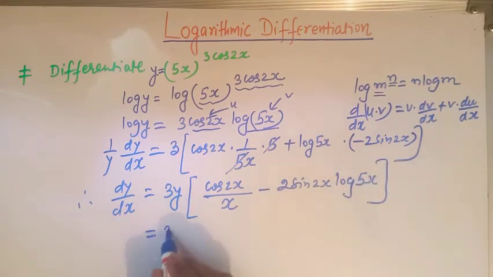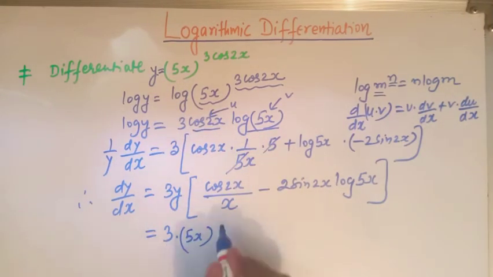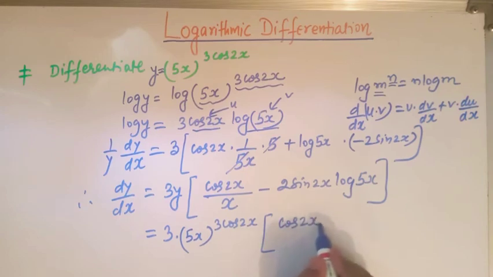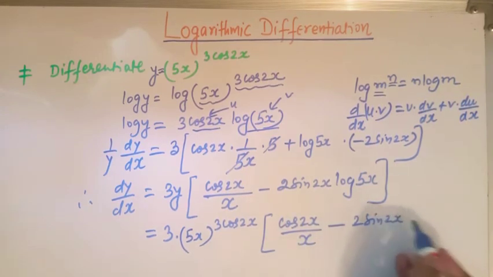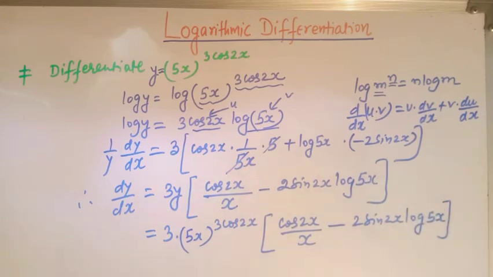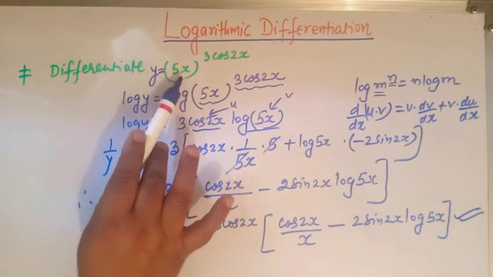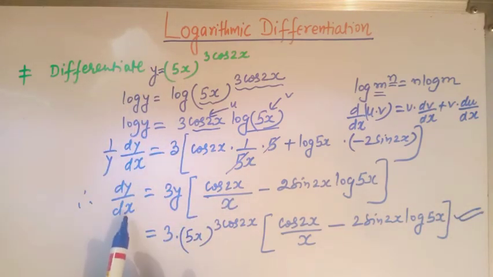Now substituting the value of y, here we have 3 times (5x) raised to 3 cos 2x, multiplied by (cos 2x over x minus 2 sin 2x log 5x). Clear? So this is the required derivative of this function with respect to x.